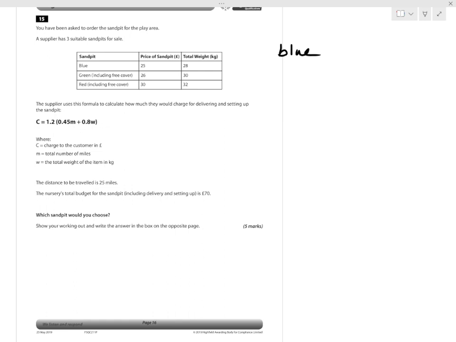First of all, we're going to do 1.2 times 0.45 total miles, 25, plus 0.8 times 28.